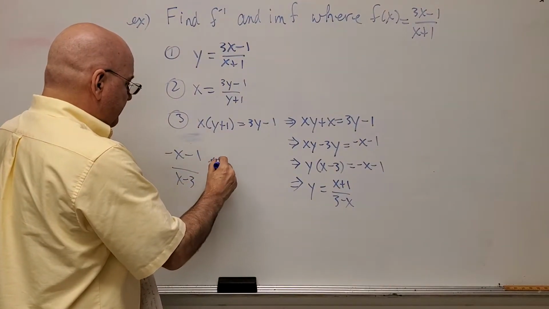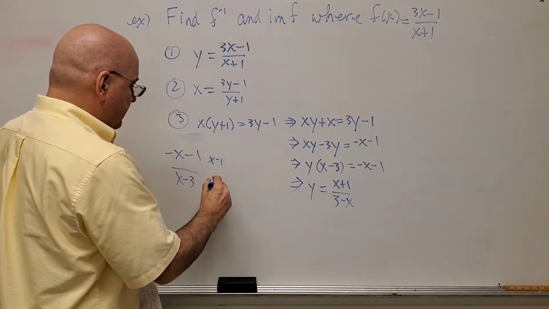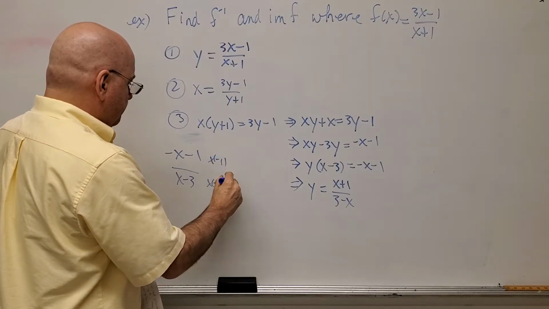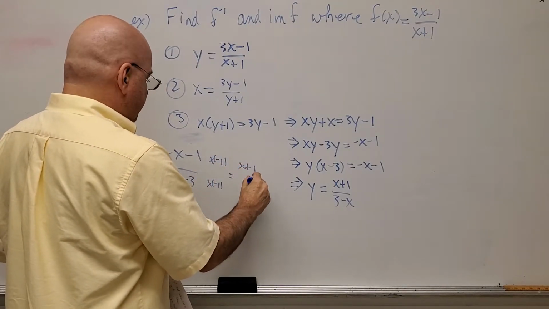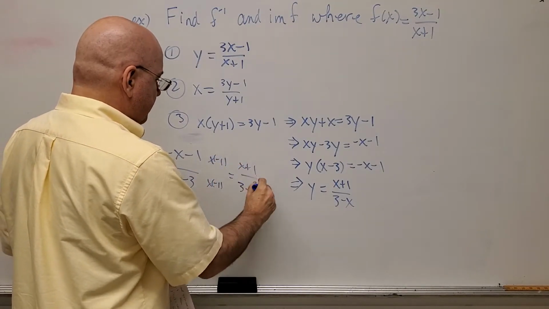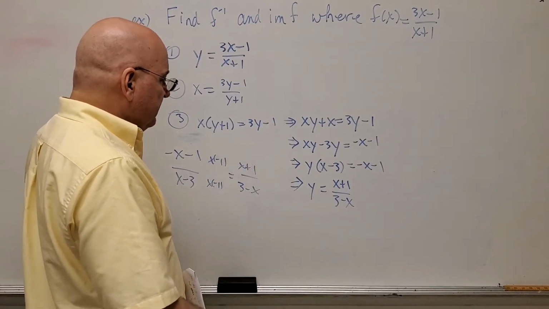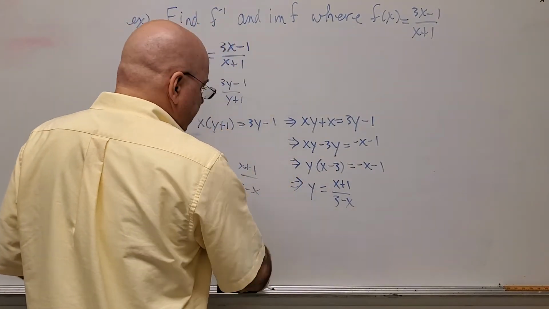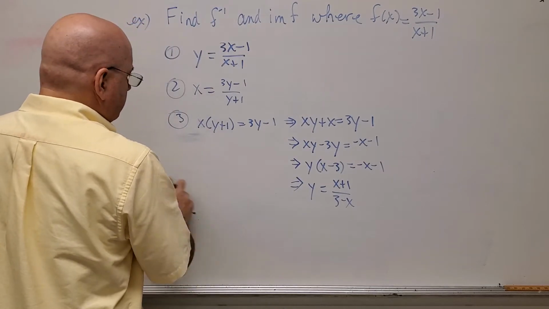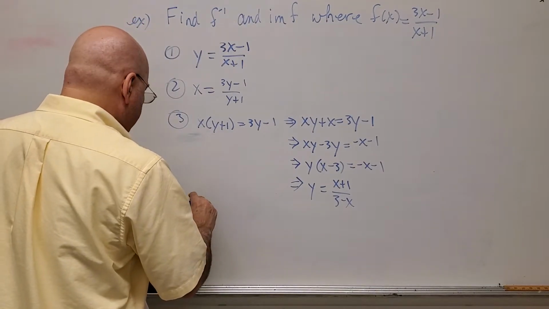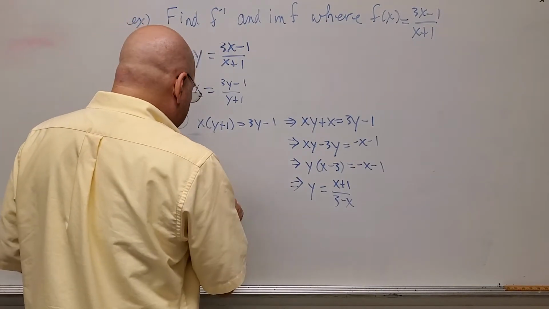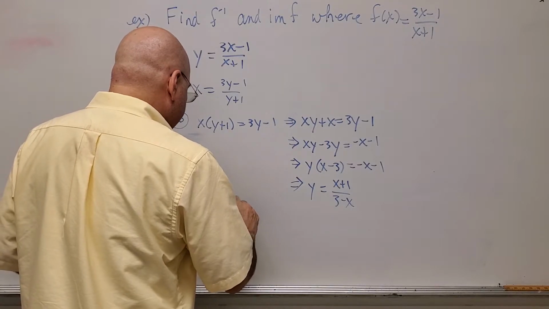If you multiply top and bottom by negative 1, you get x plus 1 up there, and you get 3 minus x on the bottom. And then what I tell my pre-cal students is, number 4, replace the y with f inverse of x.